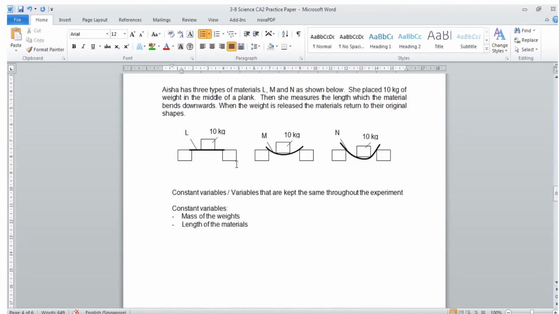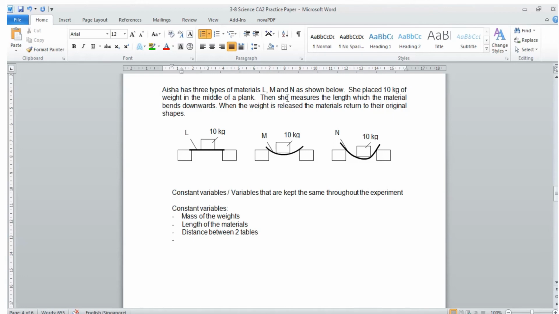Now, what else? The distance between the two tables here. This is placed on the table, right? The distance between two tables. Okay, now what other things? Mass of weights, length of the material, distance between the two tables.